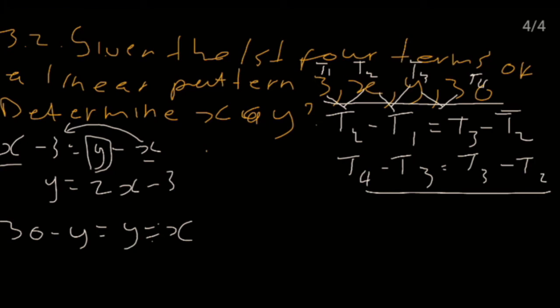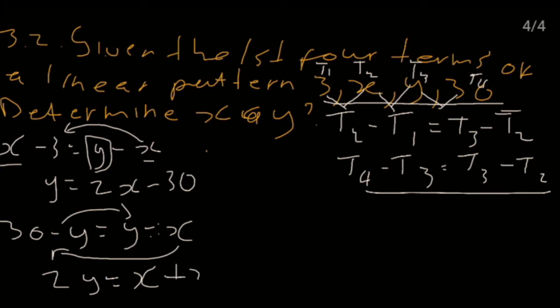Again I'm going to try to isolate my y and take it to the other side, and then take the x to the other side, meaning I'm going to have 2y equals, sorry, it should be a minus here, not an equal sign. 2y equals x plus 30.